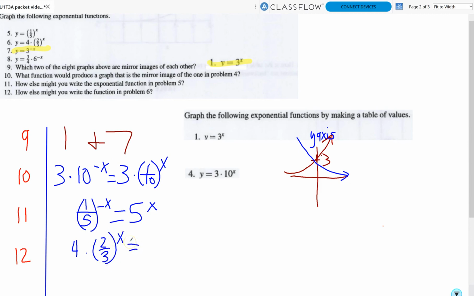And if you remember from the table on the previous page for number 6, I said that in order to plug points in, you can flip the fraction or the decay factor and raise it to the negative x power. I hope this helped you do your homework, and I will see you soon.